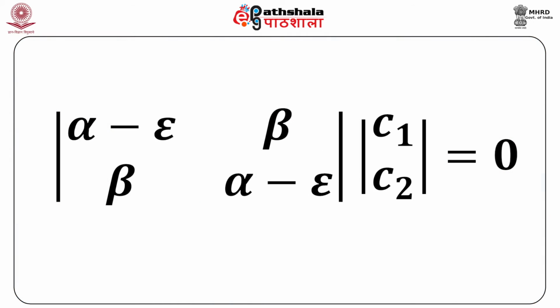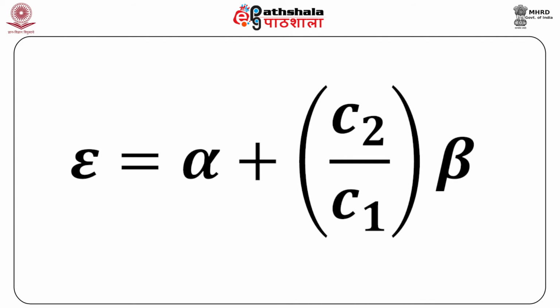Now we use HMO theory. You obtain the secular determinant for ethylene, and you know that wherever there is a carbon atom, we put an alpha value, and wherever there is a bond between 2 carbon atoms, that is 1, 2, there is a bond, so you put a beta. Similarly 2, 1, there is a bond, and then we diagonalize it, and we obtain 2 values of epsilon, the orbital energies, and these are equal to alpha plus C2 by C1 beta.